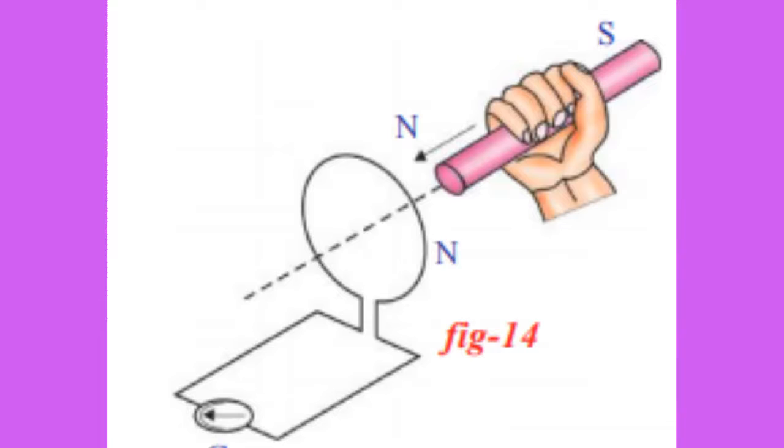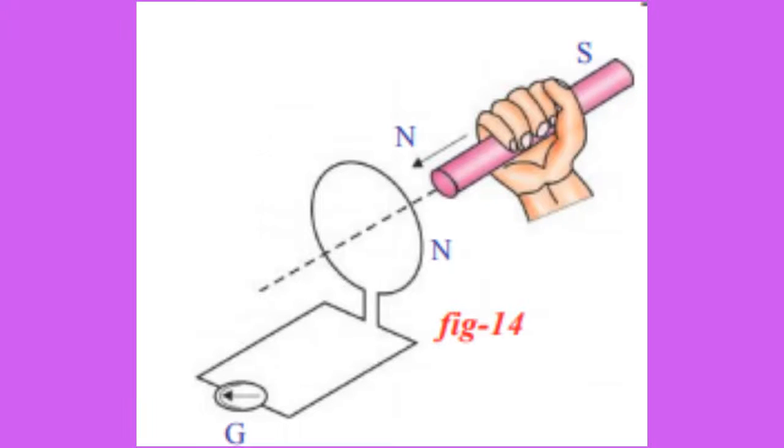When a bar magnet is brought near to this coil, we can observe there is a small deflection in the galvanometer. Deflection in the galvanometer means there is some current.